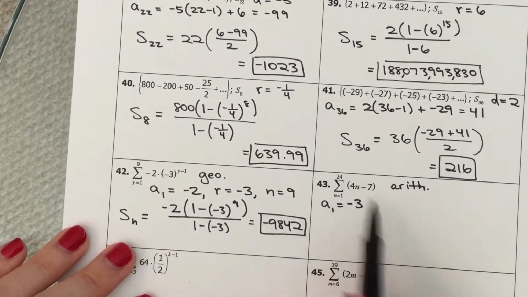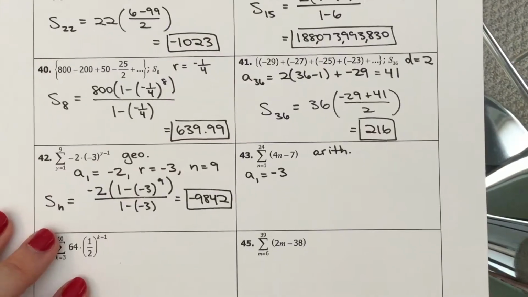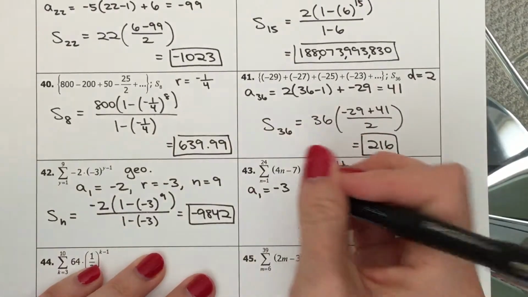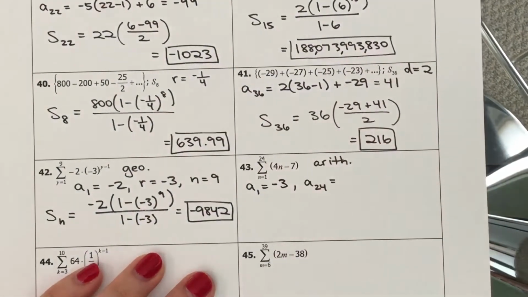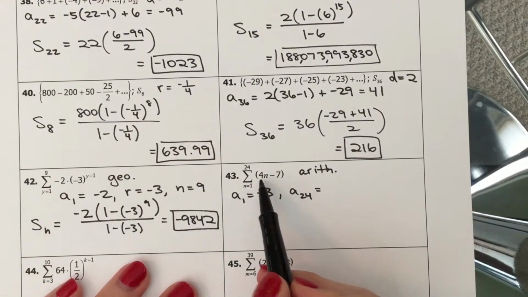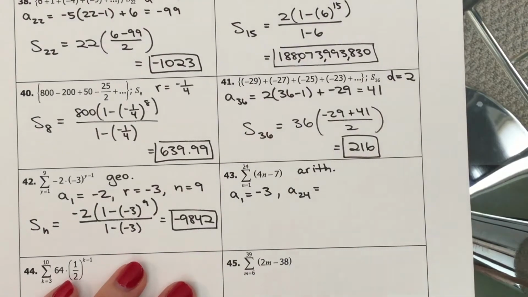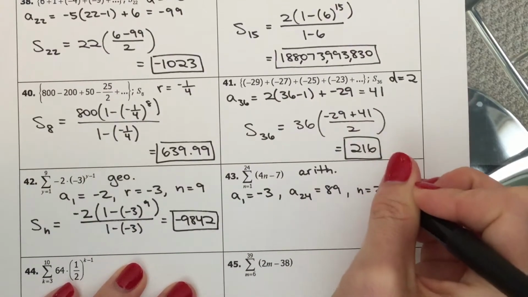And remember, for these, the arithmetic ones, you don't even actually need D in this formula, so you don't have to figure that out. We just need the first and the last and the number. So we're going up to 24, so that means we need to know the 24th term, which can just get subbed right in there as well. So 4 times 24 is 96, and then minus 7 would be an 89. And of course, the number is 24.